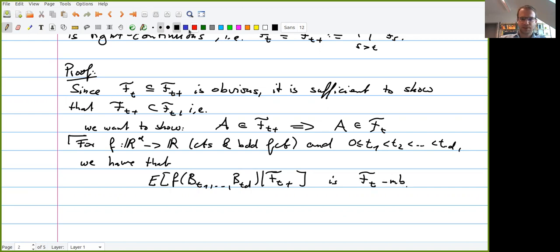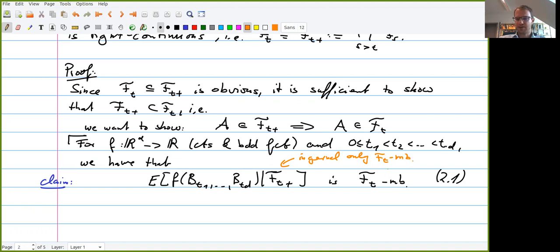Okay, so this is the claim I want to show here. To be consistent with the lecture notes, this is 2.1. What's the issue here? Just to recall, if you look at this conditional expectation, this is in general only F_t plus measurable.